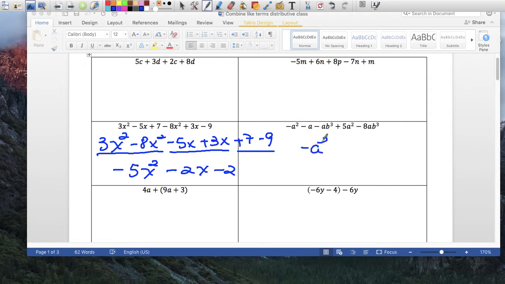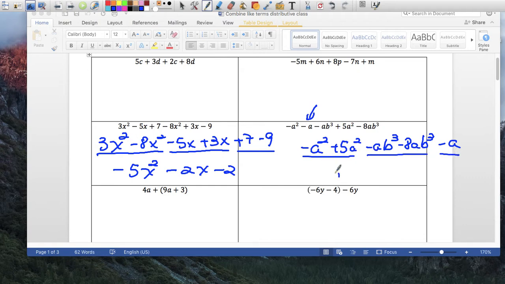Negative a squared plus 5a squared, so that's two items I'm going to combine. Actually, I'm going to leave this one for last. Then I have negative ab cubed minus 8ab cubed minus a. So I'm going to combine these two things, and that thing.